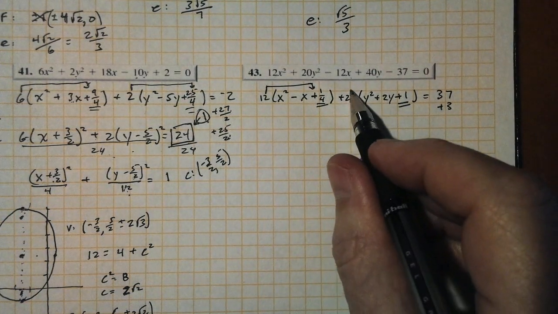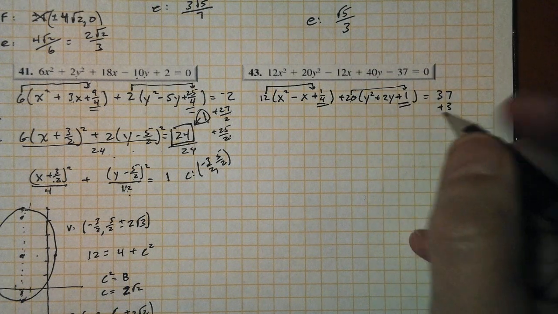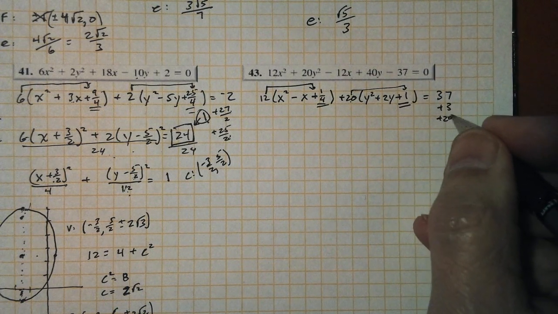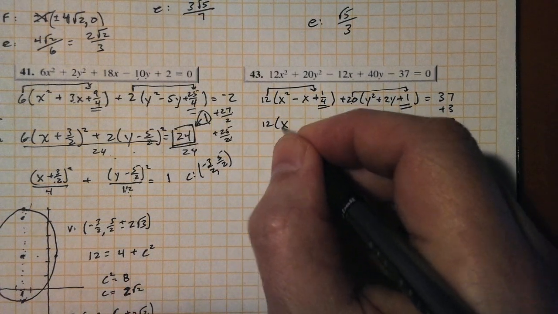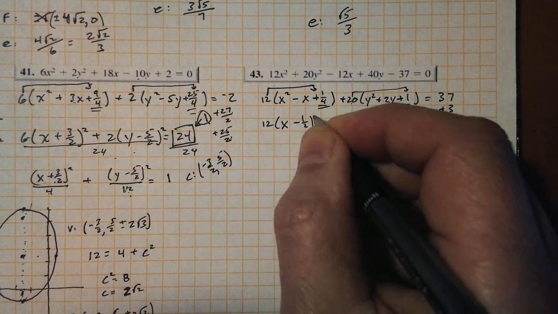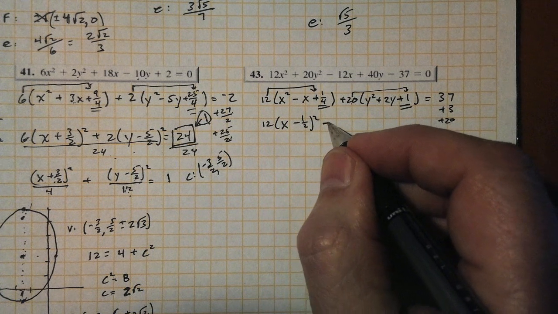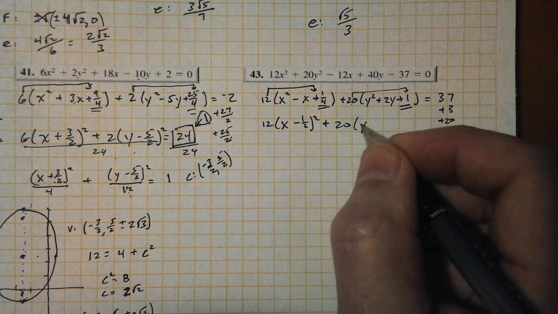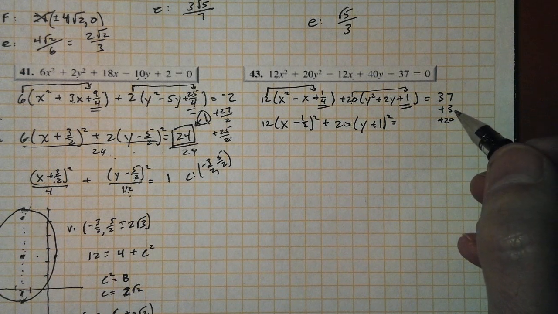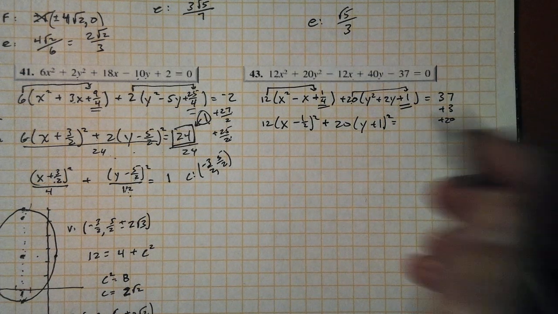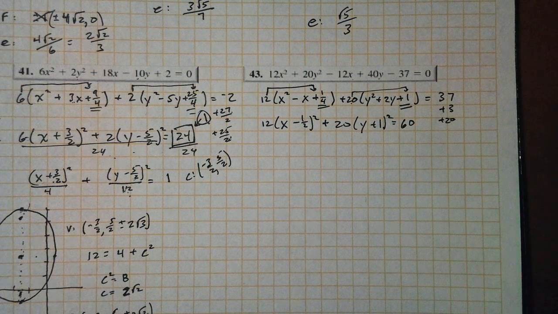I really added 20 to the left, so I'll add 20 to the right, and I get 12 times x minus 1/2 squared plus 20 times y plus 1 squared equals 40 plus 20, 60.